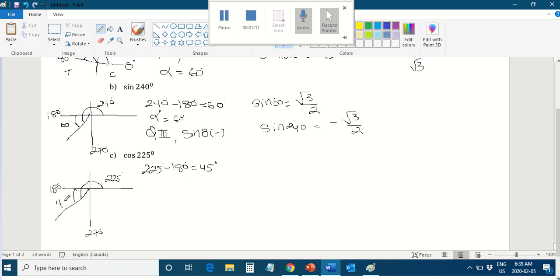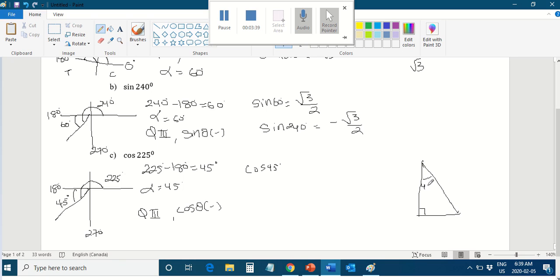It's one of the special triangles, only 3 possibilities: 45, 30, 60. So if it is ending in 5, we don't even need to calculate this. We know it's automatically 45 degrees. So alpha here will be 45 degrees, quadrant 3, and cos theta will be negative there. So then cos 45, again we need a special triangle with 45, 45, 90 degrees.